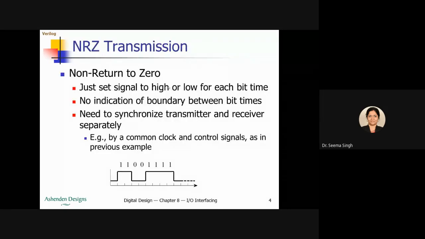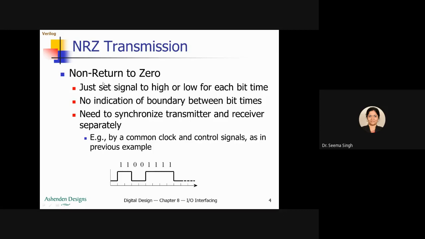First one is non-return to zero transmission, NRZ. You may have heard it before also. This is one type of transmission which is very commonly used. It is used to synchronize the transmitter, and it needs to synchronize transmitter and receiver separately.